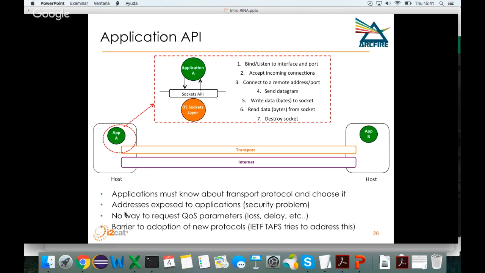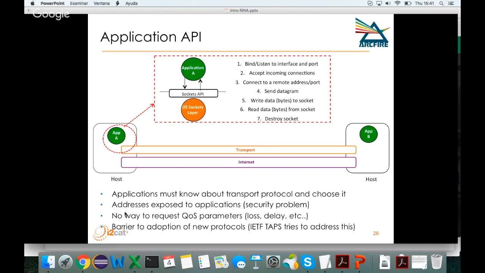Another problem is that addresses are exposed to the application, which is a security problem, because then it's easier for them to forge them or hack them as well. And the third problem is that there is no way for the application to request what QoS it needs to be able to work.